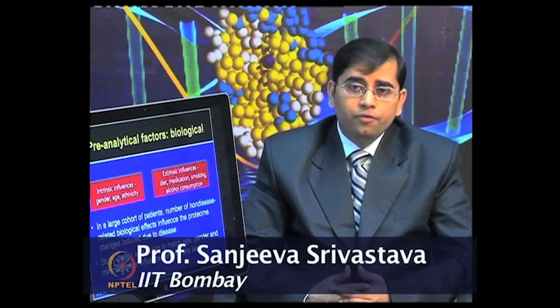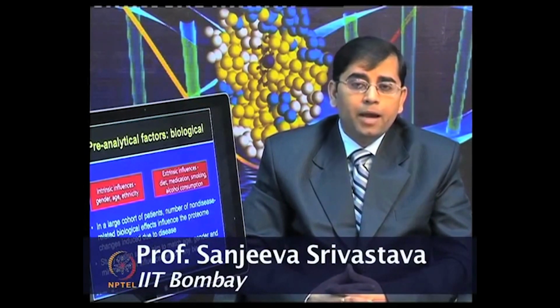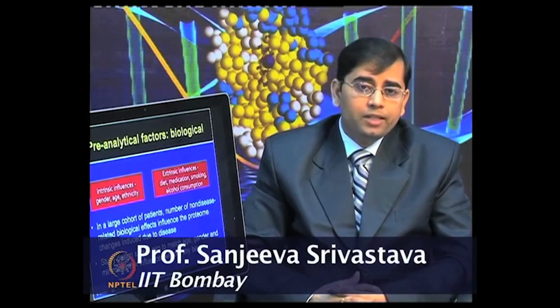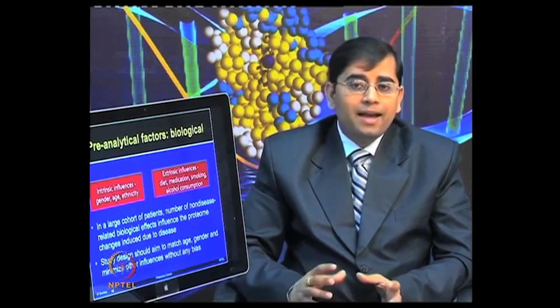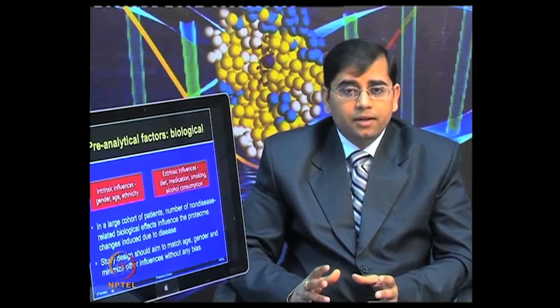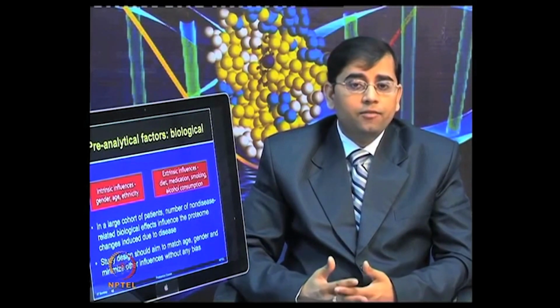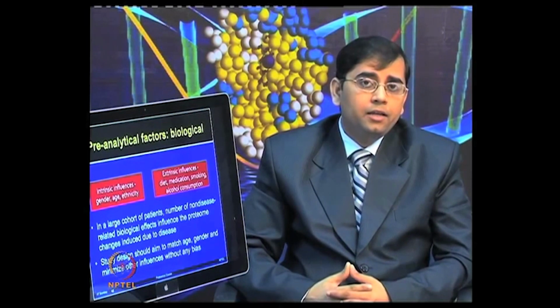So, in a large cohort of patients, the number of non-disease related biological effects will influence the proteome changes induced due to the disease. So, the study design should aim to match the age, gender and minimize the other influences without any bias.